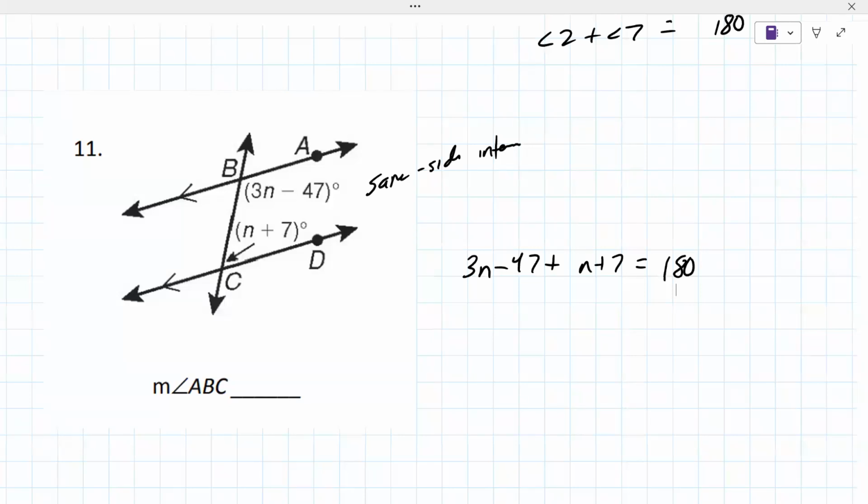Is it 55? Yes, exactly. n is 55. And then just like before, you may have to put that angle back in. 55 plus 7. 62. Yes, 62 degrees.